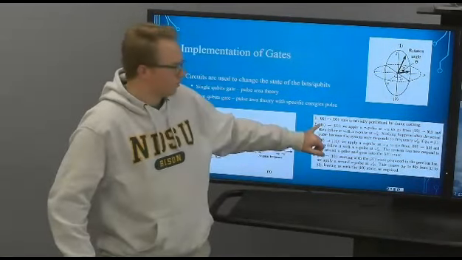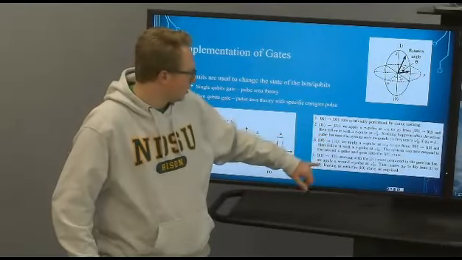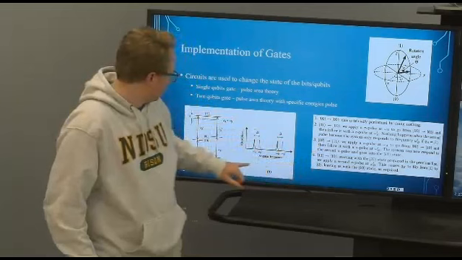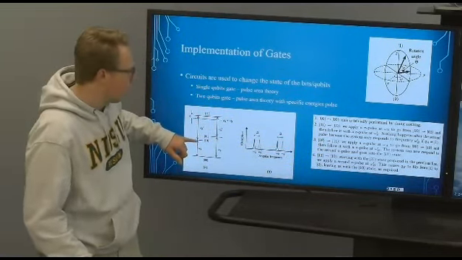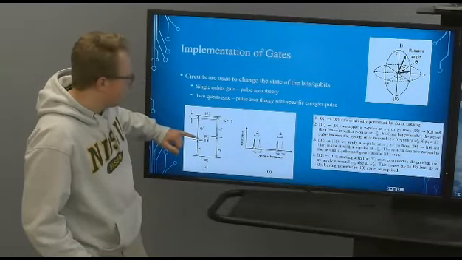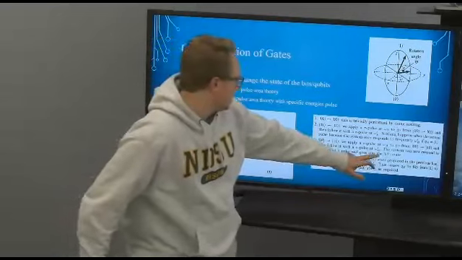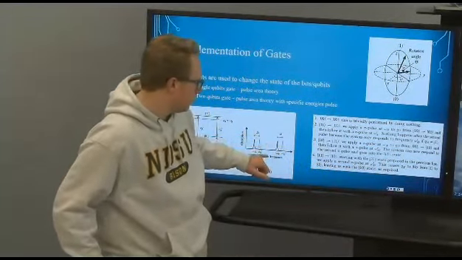So going from 0, 0 is obviously nothing, but we can look at this where we go from 1, 0 up to 1, 1, and we would do a pi pulse at the energy that they call omega A, so then we go from 0 down.